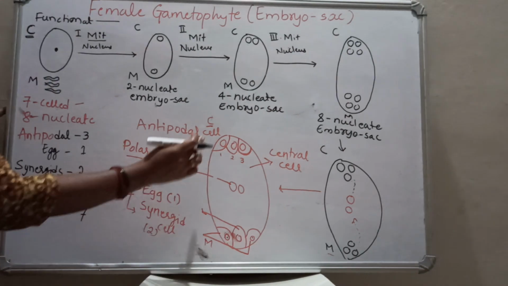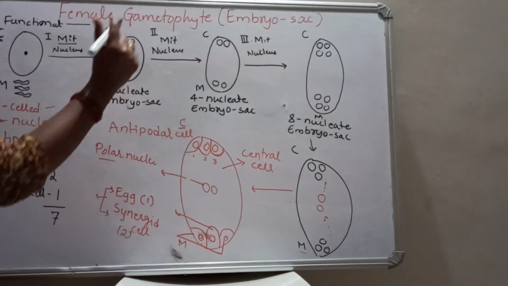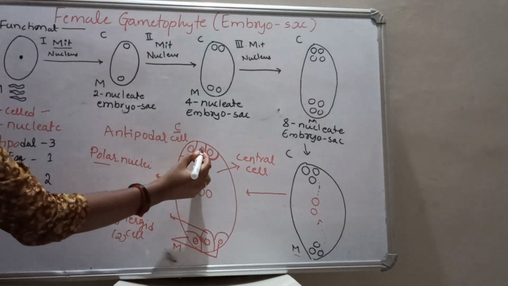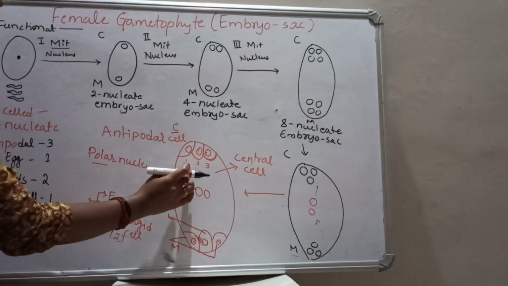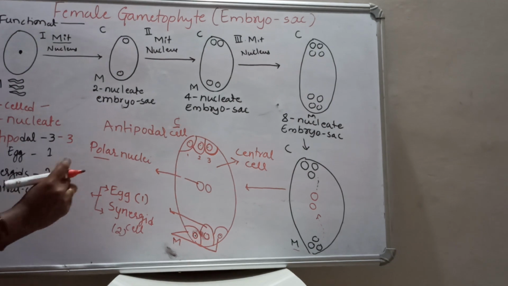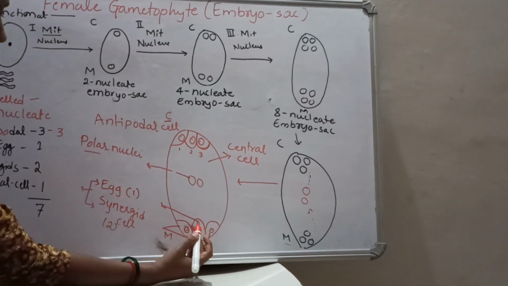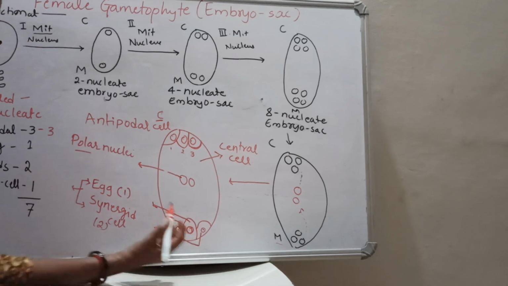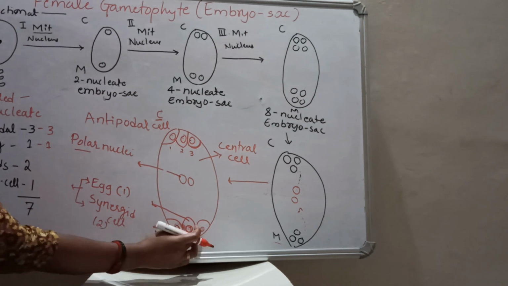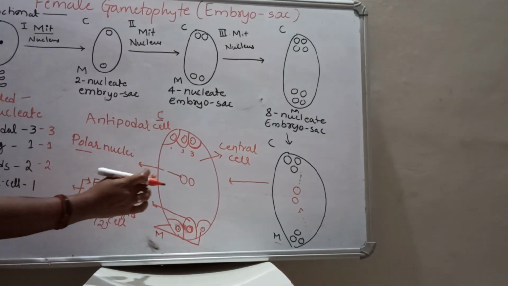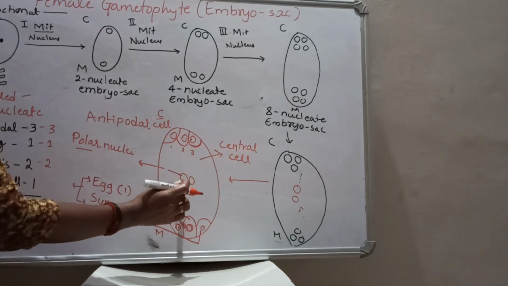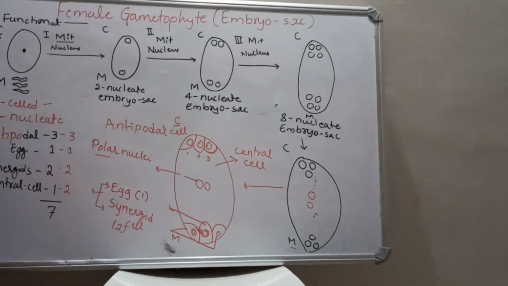How many nuclei are present in that embryo sac? The 3 antipodal cells have 3 nuclei. The egg cell has 1 nucleus, the 2 synergids have 2 nuclei, and the central cell has 2 polar nuclei.